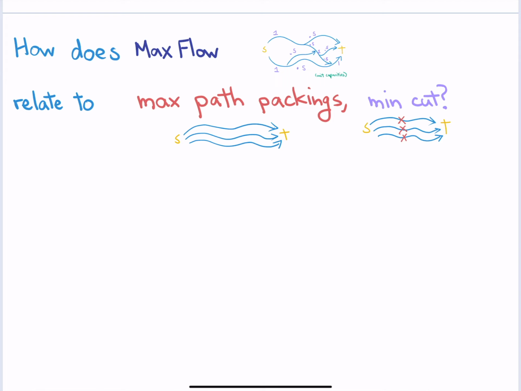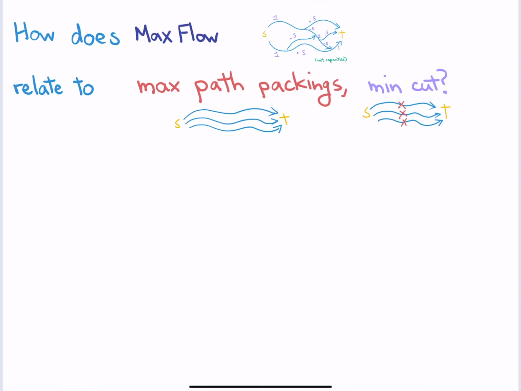Before it's like 1 unit of path, 1 unit of path, and there's something combinatorial about that. Here it feels like I'm just solving a math problem, even though there is maybe a guiding physical analogy, but it's ultimately a relatively simple to write down math problem. Okay, so is there something here? Maybe not. How does max flow relate to maximum path packings and minimum cut?